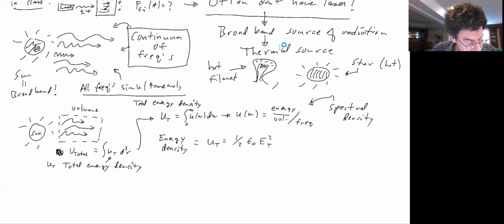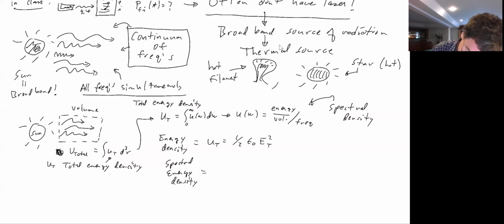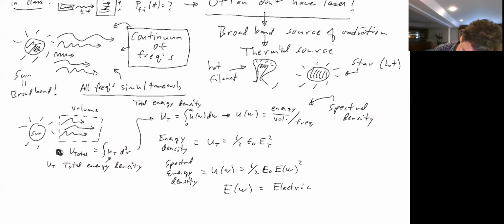And so what that means is that the spectral energy density U of omega is equal to 1/2 epsilon naught E of omega squared, where E of omega is the electric field at omega.